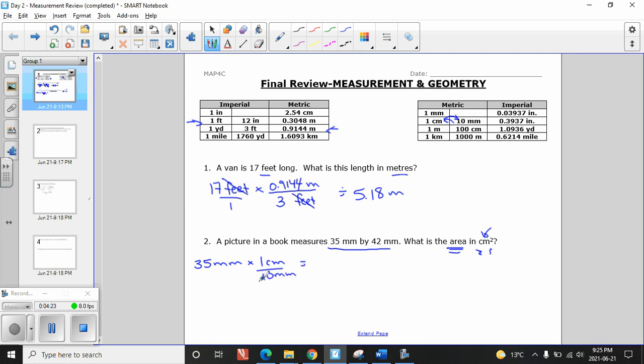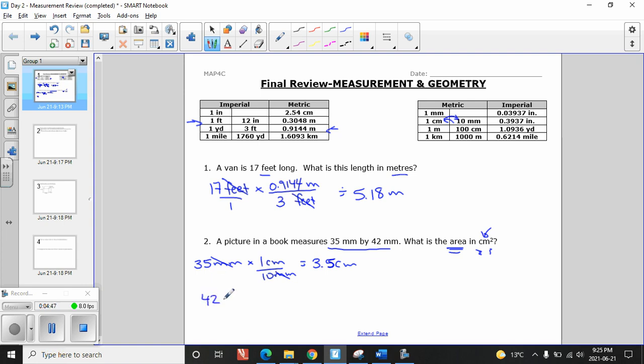And this is a clue to me that I'm going to be dividing by 10. So 35 divided by 10 to find the answer in centimeters. If you know that one, you don't have to show the conversion factor. That's a really common conversion that you've done for years and years now, so I don't expect to see a step for that kind of question.